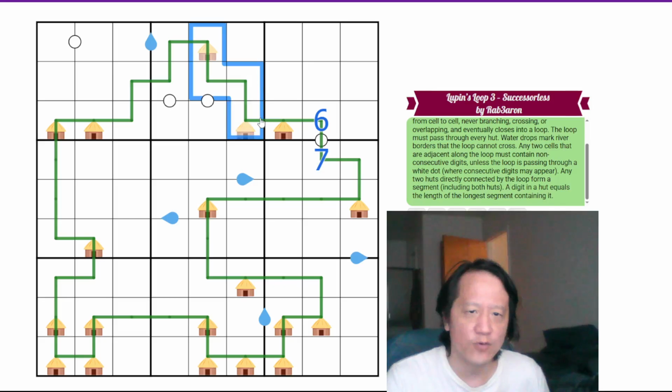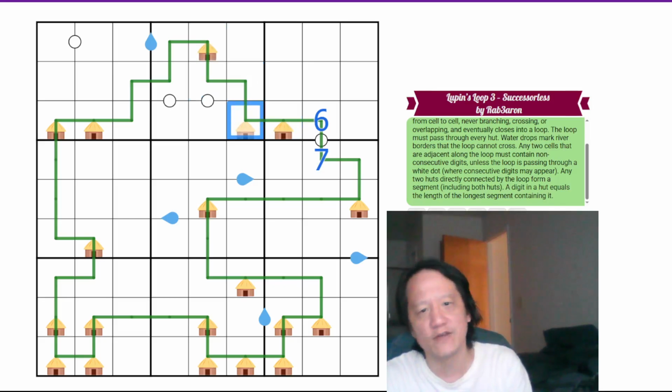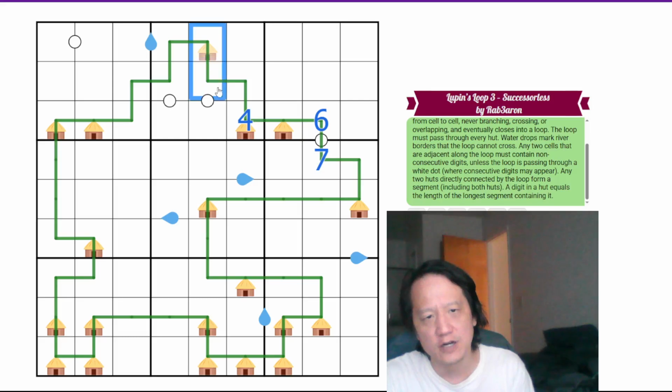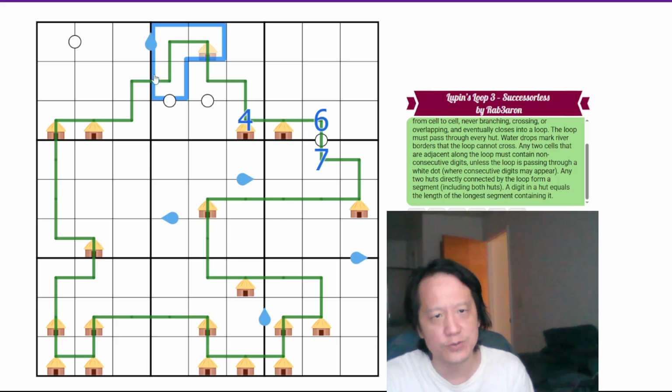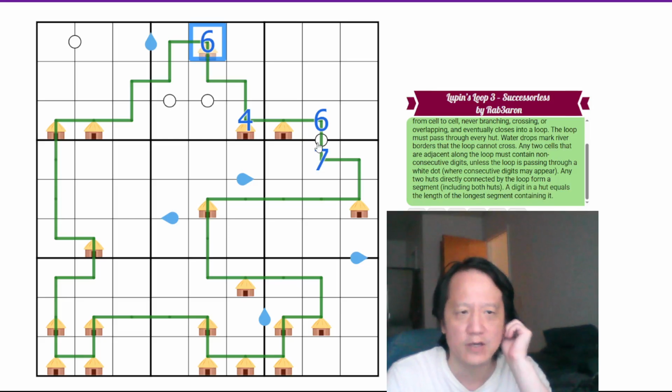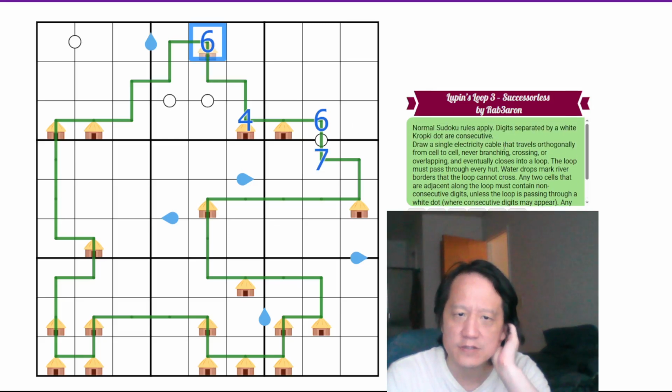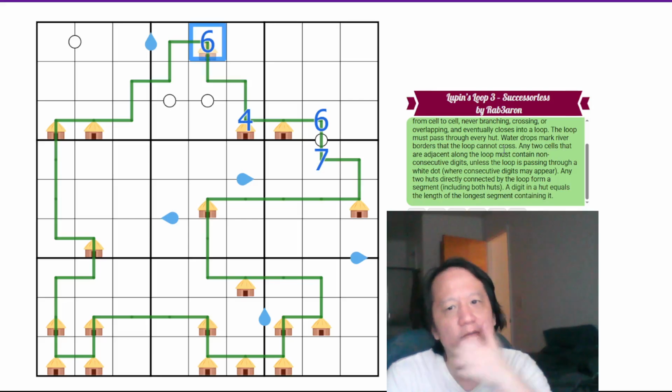So this would be 4 and this would be 2, which means this would have to be 4 because the longest segment for that hut is a 4. We have 1, 2, 3, 4, and 1, 2, 3, 4, 5, 6 here. So this would have to be 6 if that were the case for that hut.